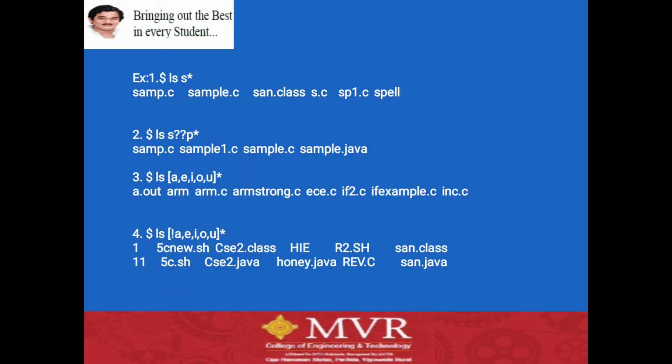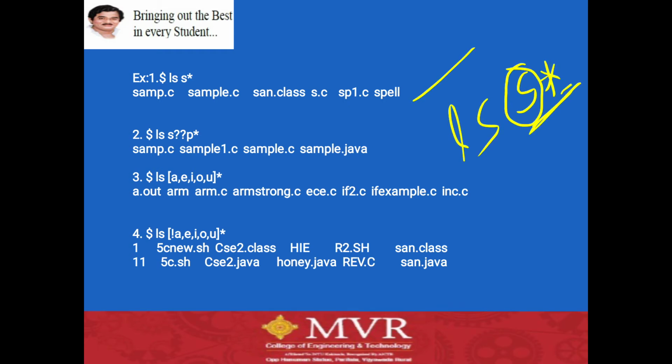The first one is star, which we are using here: ls s*. ls is used to display the list of files, and after ls we are using s then star. That means we are looking for all the files which have s as the starting letter, followed by any number of characters or any character.